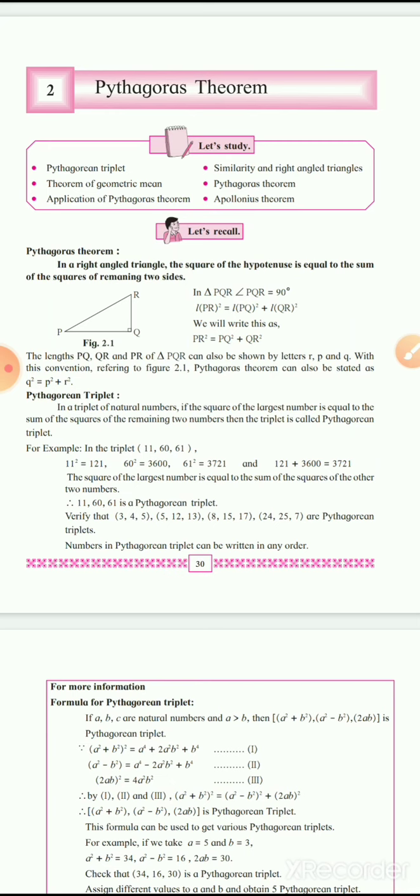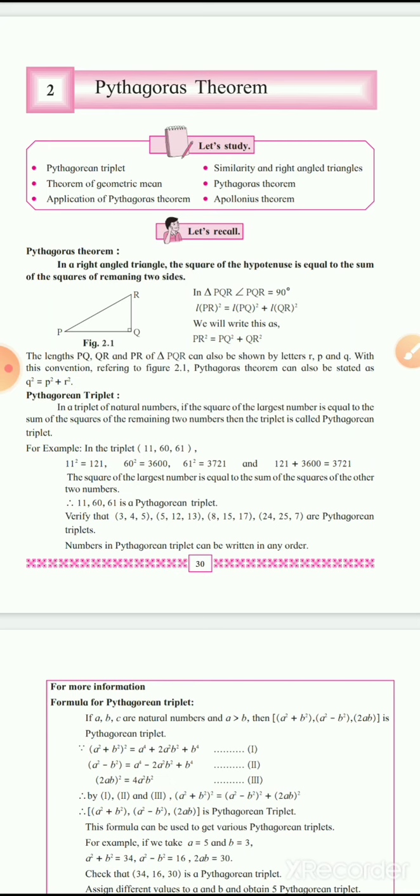PR is the hypotenuse, means the opposite side of the right angle is called the hypotenuse. So the square of the hypotenuse is equal to the sum of the squares of remaining two sides. Remaining two sides means PQ and QR.